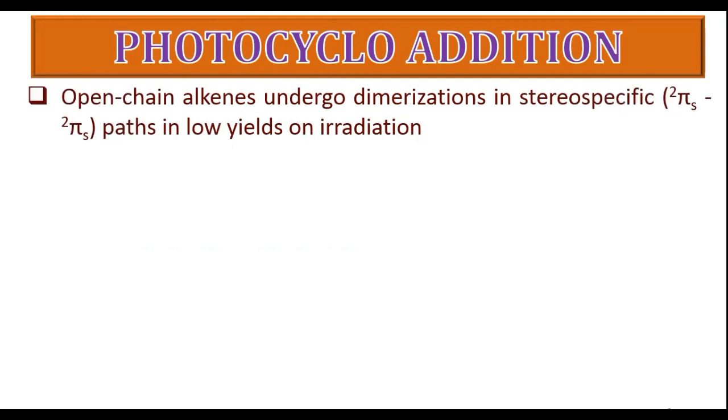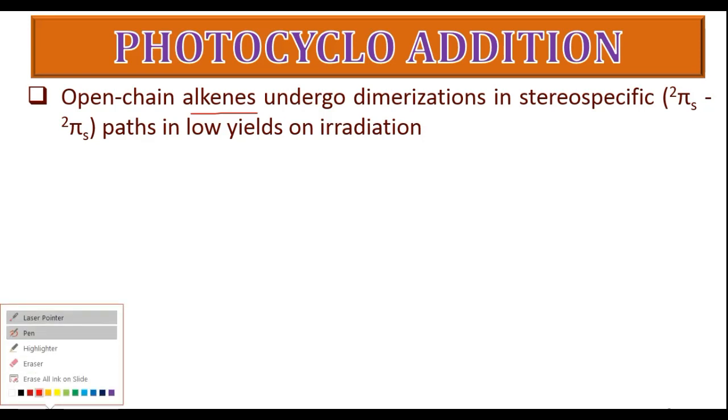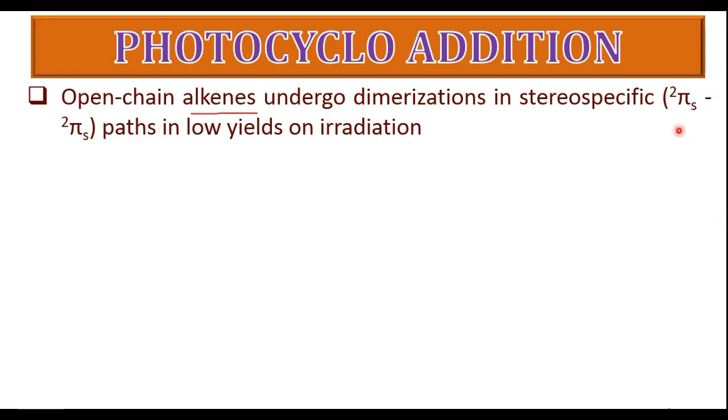Photocycloaddition reaction. Photocycloaddition is nothing but open-chain alkenes undergoing dimerization in a stereospecific mode. What kind of reaction is it? A 2pi cycloaddition. You observe that only the suprafacial mode of addition takes place, but the product is obtained in very low yield.